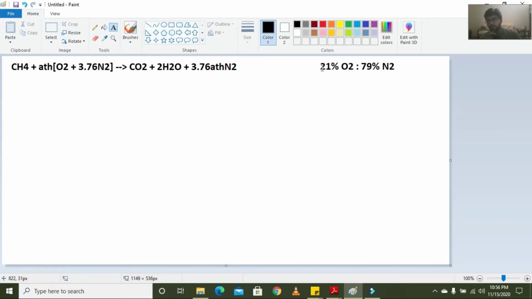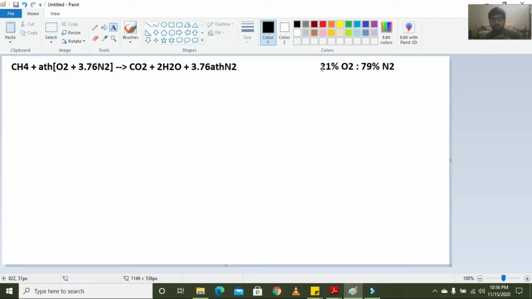Obviously there are some other gases like carbon dioxide and carbon monoxide in the environment as well, but we will not consider those gases, because the amount of those gases is almost negligible. We will only consider oxygen and nitrogen in the air for the simplification of the combustion process.